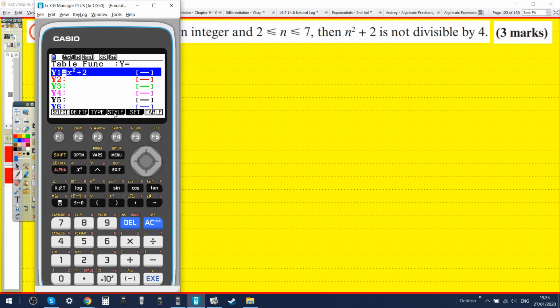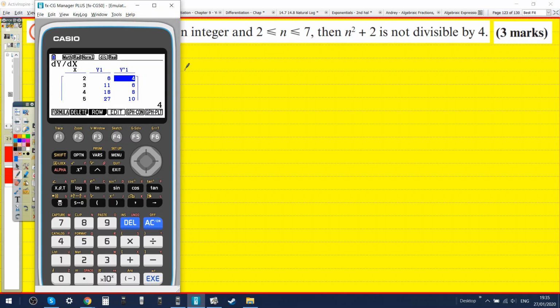And then come back out and choose table. Yeah, I got all the numbers. Okay, and so we have to put them in.